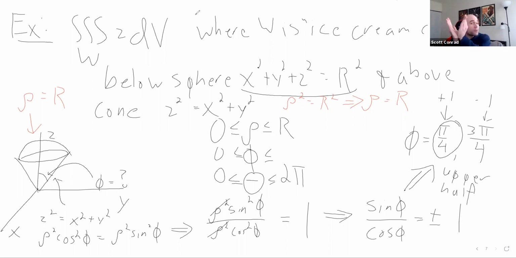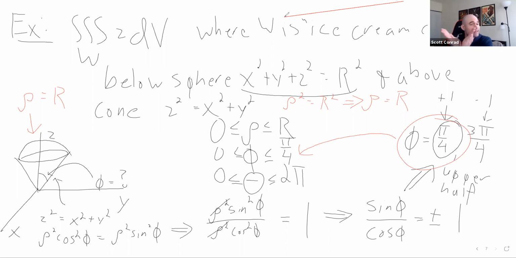So phi equals pi over 4 is the half cone we're looking at, and that's how we get the upper bound for phi.